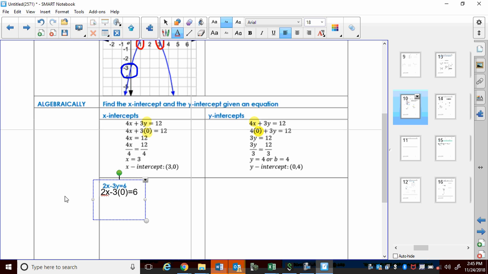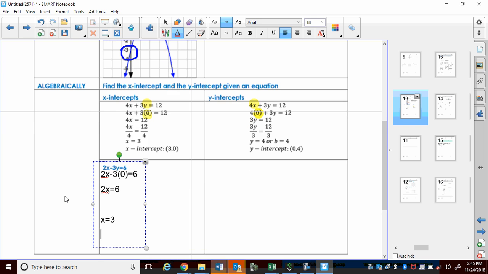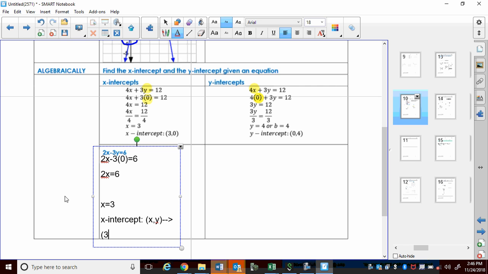I get 2x equals 6, and I divide by 2 on both sides, and I get x equals 3. So my x-intercept here is x, y, maps onto 3, 0. We make sure we use coordinate notation for this.